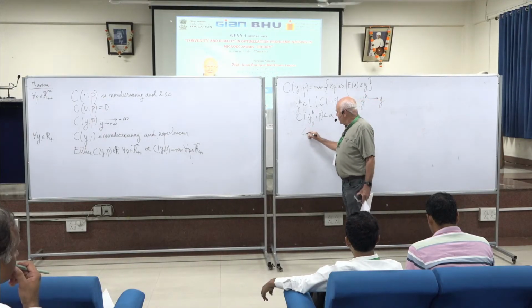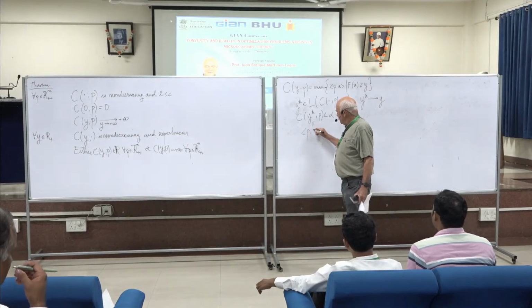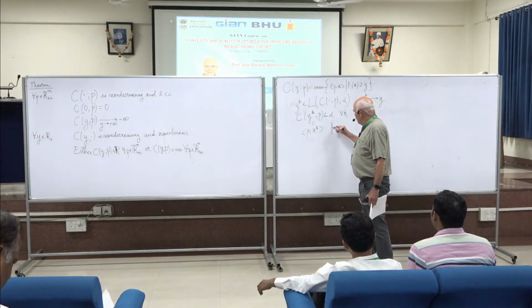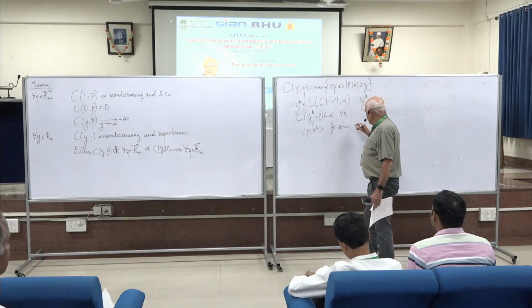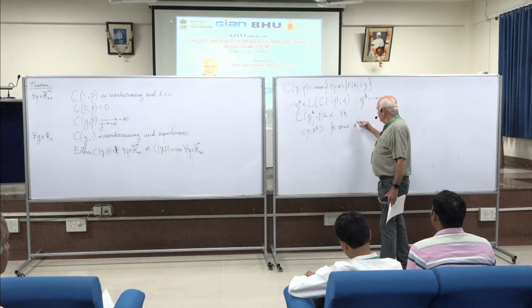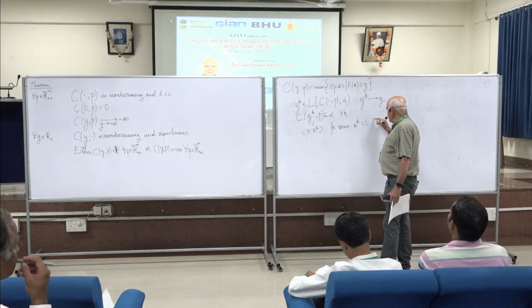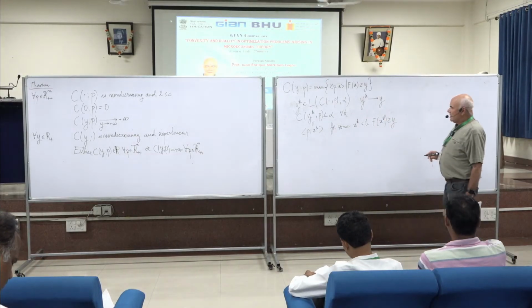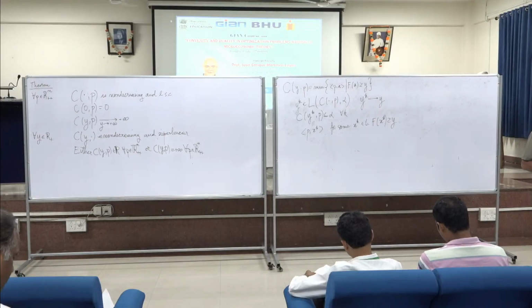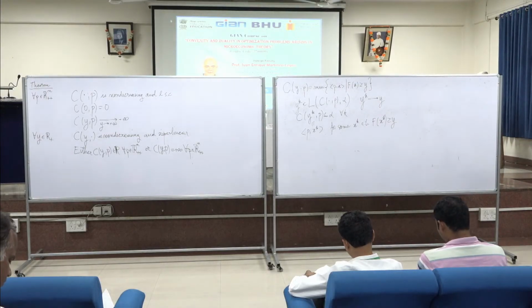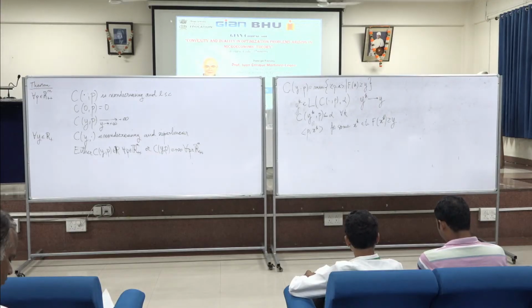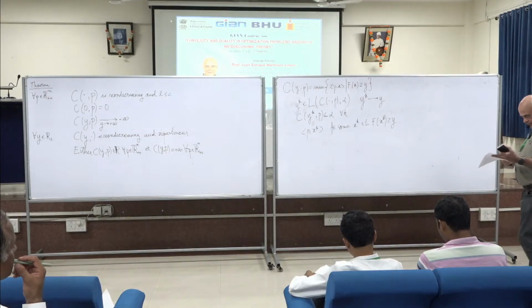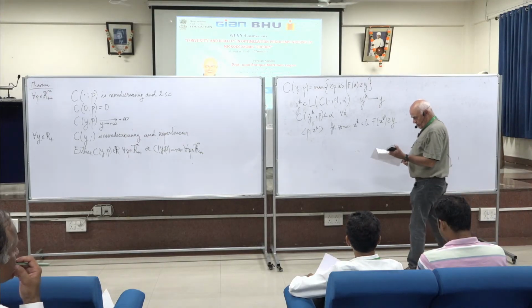So you have this equal to p xk for some xk satisfying f of xk greater than or equal to yk.